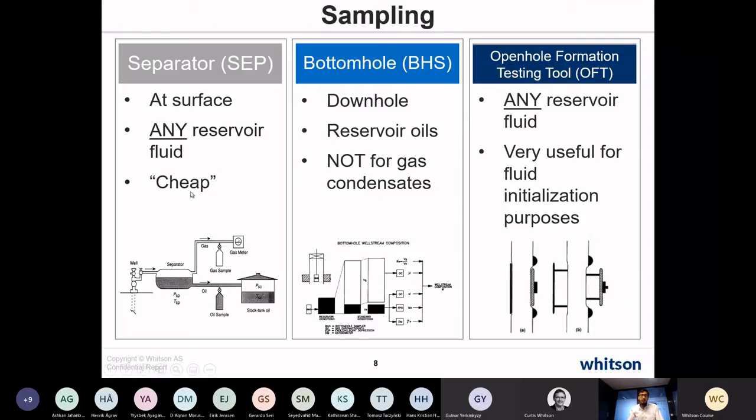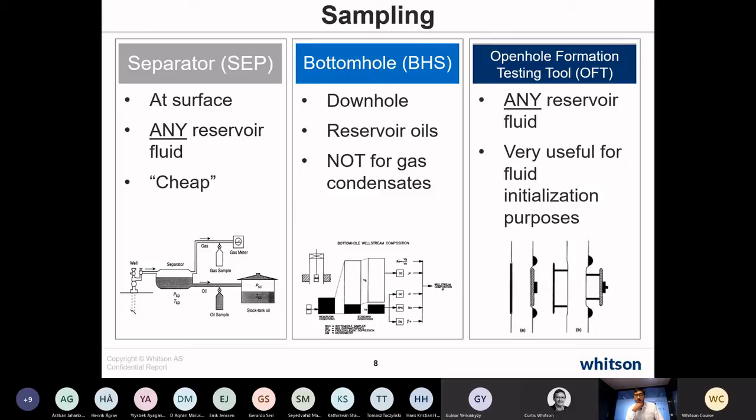These are relatively cheap, depending on how easily the setup is available near the well. And then we have bottom hole sampling. This is just the introductory slide on the different types of sampling, and then we will go into a bit more detail on these different types.